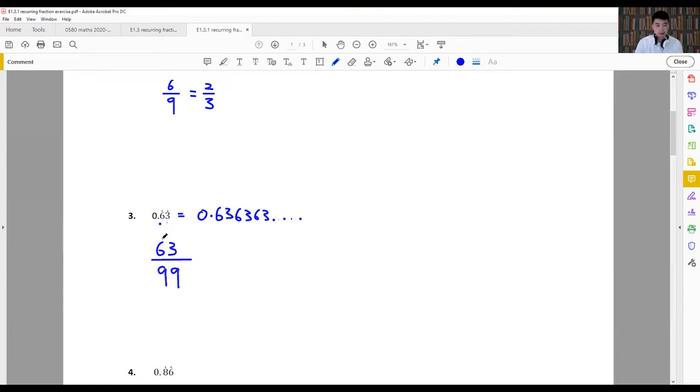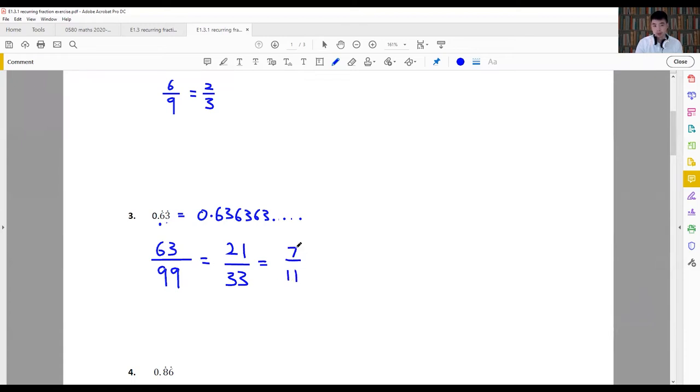Because there are two numbers, that's why we have two 9s. 63/99 can again be simplified into 21/33, and you can still simplify this into 7/11.